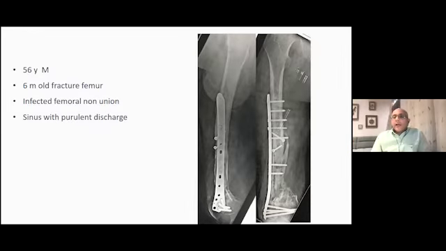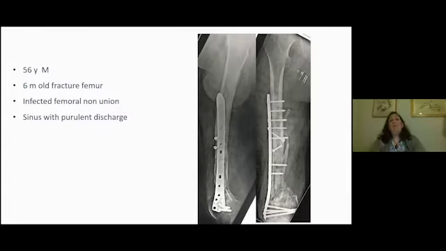Okay. And if you decide to do the Masquelet technique, and you will, of course, obtain cultures during debridement, what if you couldn't identify the organism? Would you continue with the Masquelet technique, or would you shift to bone transport? I always treat Masquelet as if you were doing a two-stage revision of an arthroplasty. So you sometimes have culture negative arthroplasties, but you know clearly that they are infected anyway.